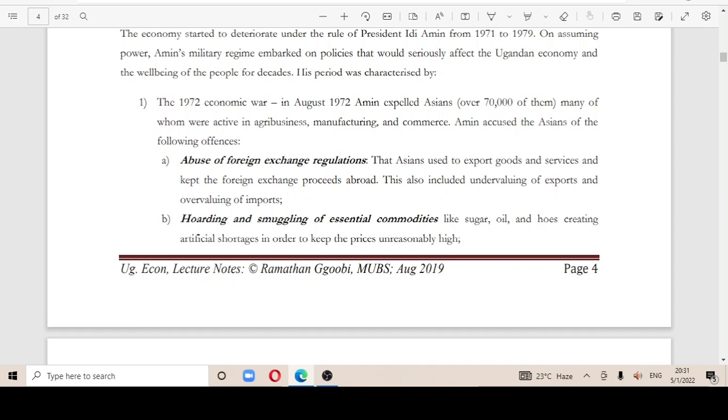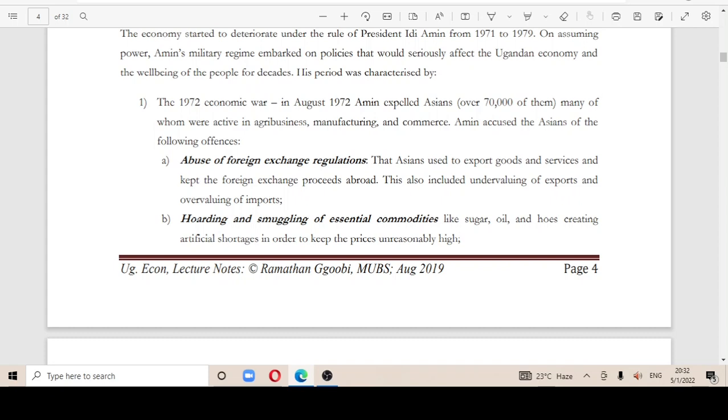So he accused the Asians that Asians used to export goods and services and kept the foreign exchange proceeds abroad. So after them exporting the goods, they kept those exchange proceeds abroad. So this included undervaluing of the exports and overvaluing of the imports.